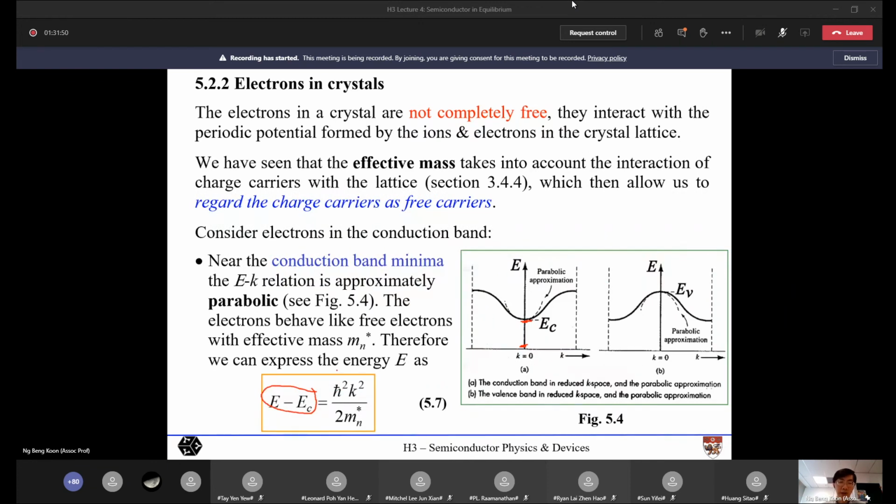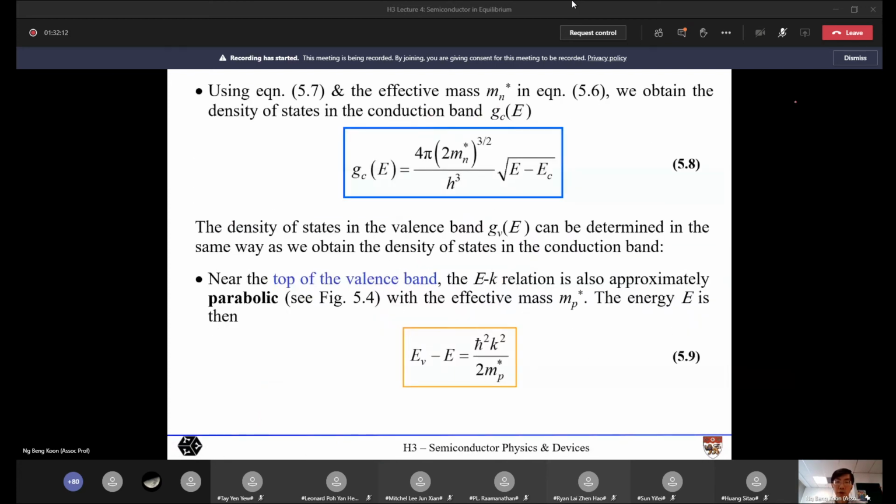So if you shift it down by EC, then this energy quantity here would have a parabolic relation with the wave vector. In other words, you have to write down the equation and find out the relation between E and EC. Which means the energy that we're going to use for the case of an electron in a semiconductor is no longer just E. Because you want to use the expression for a classical particle, you need to adjust it to match the condition.